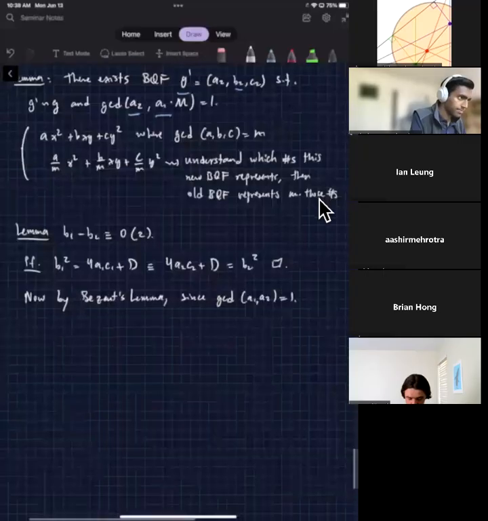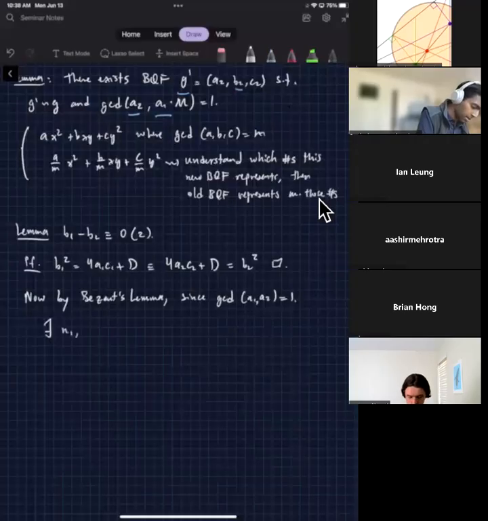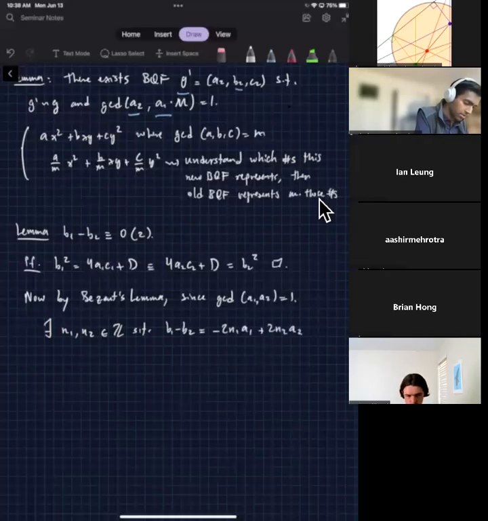Since the GCD is 1, there exist n1 and n2 integers by Bézout's lemma, such that b1 minus b2 is equal to minus 2n1a1 plus 2n2a2. The reason that we can put 2's in here is by the third lemma, which said that b1 minus b2 had a common factor of 2. Okay, so that's Bézout. And then you can rewrite that. That says b1 plus 2n1a1 is equal to b2 plus 2n2a2.